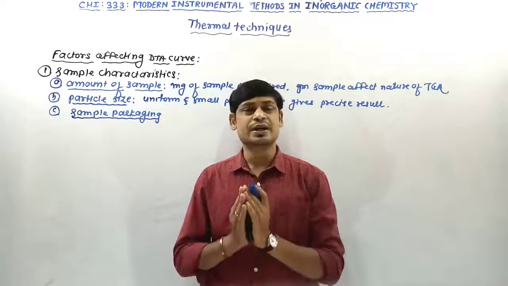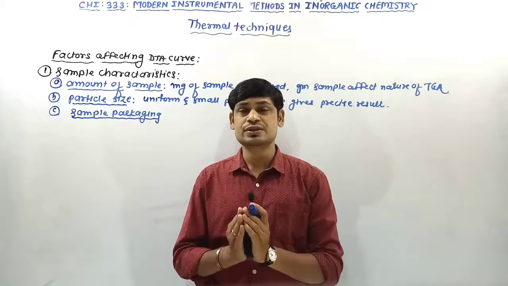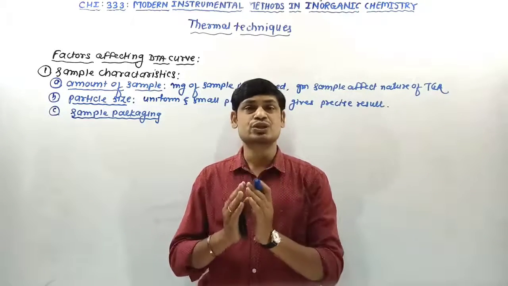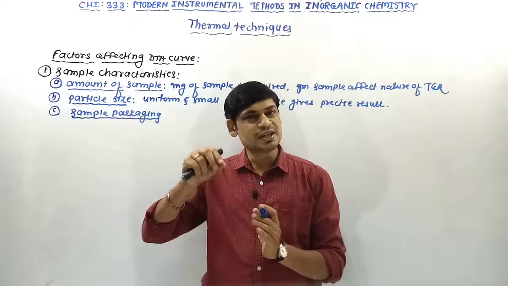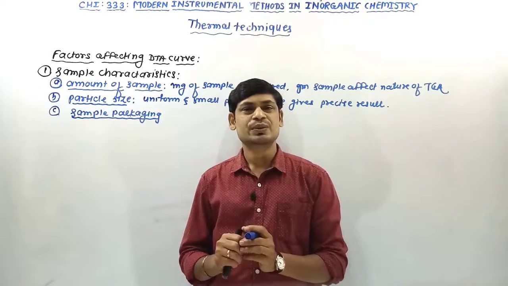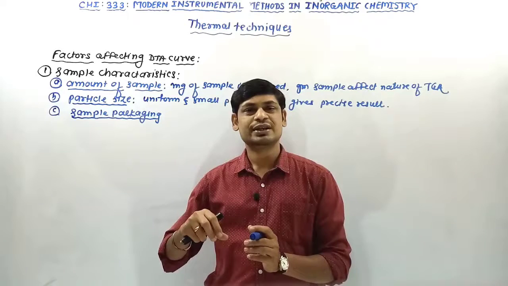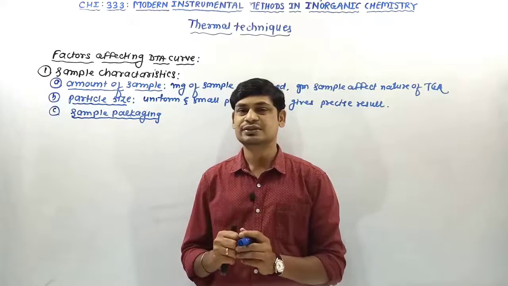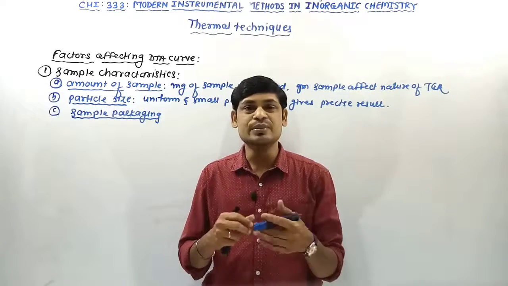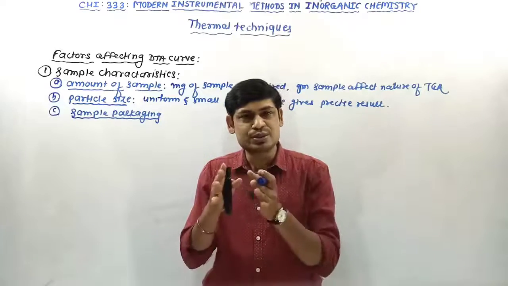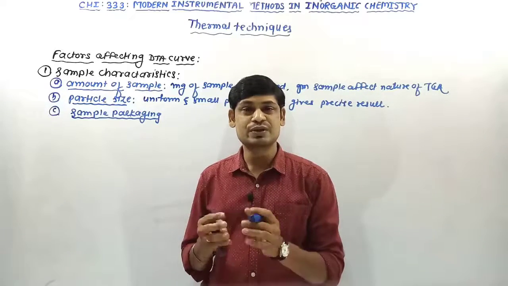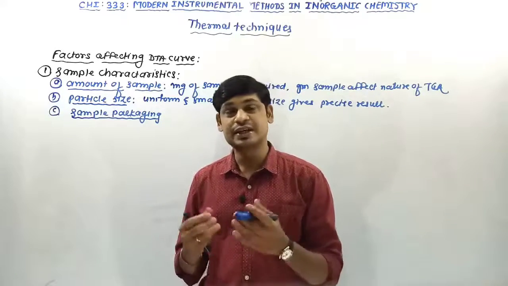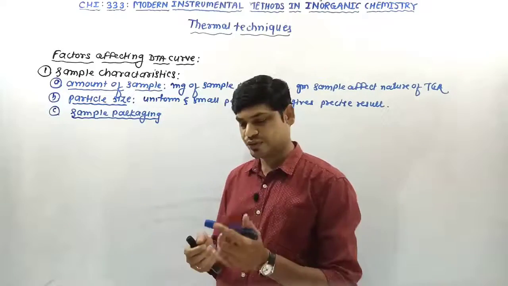As an inert material, alumina is used, sometimes glass beads are also used. This inert material, which will dilute the sample material, we call a diluent, a solid diluent.